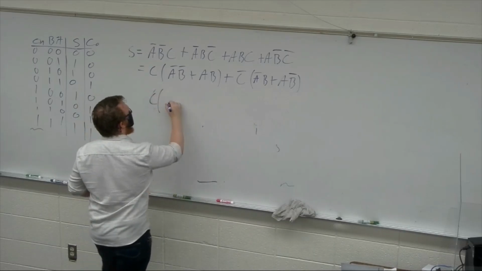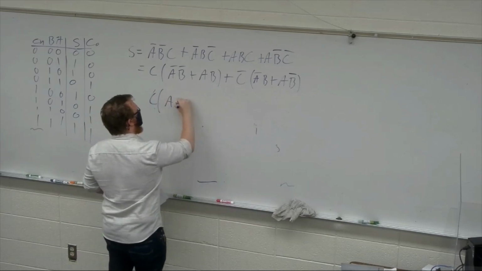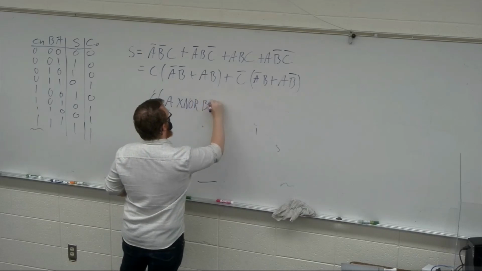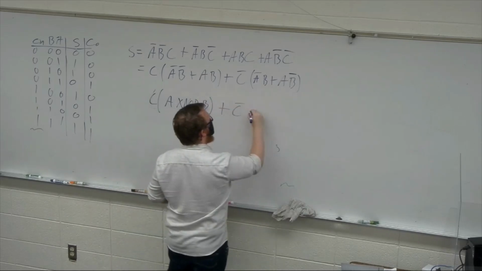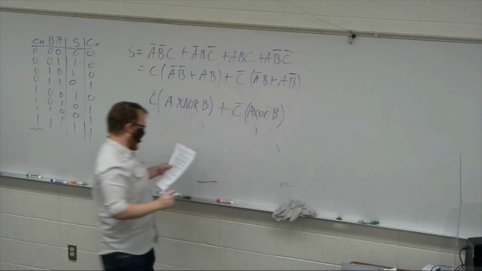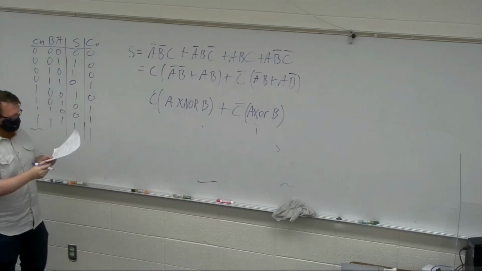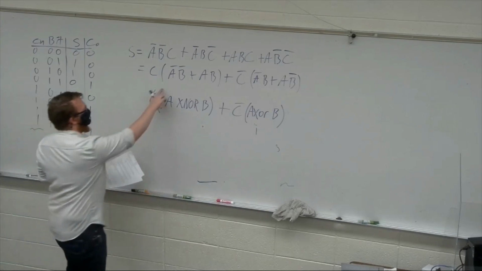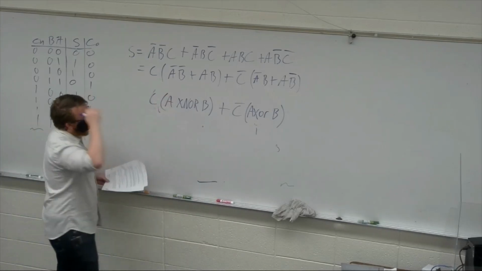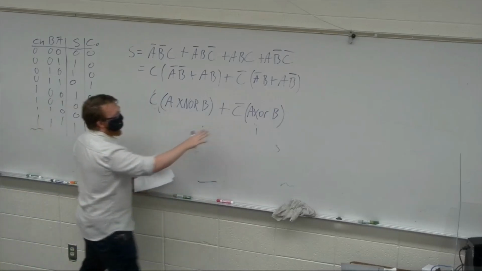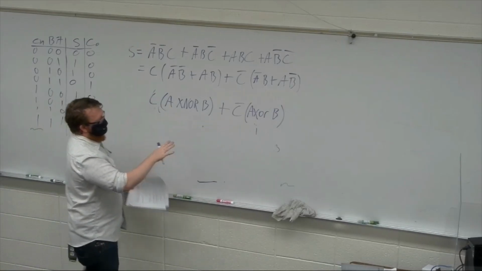C and A XNOR B, or C bar and A XOR B. But now I'm back in a situation that is really nice, because all of this, well, let's just look at it.